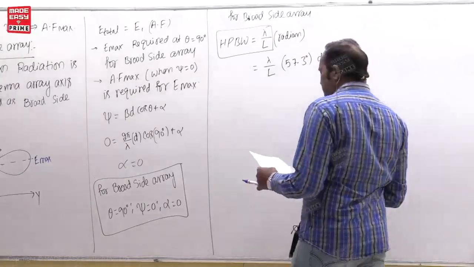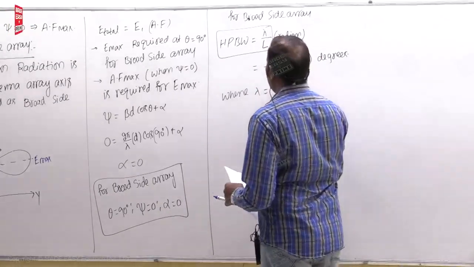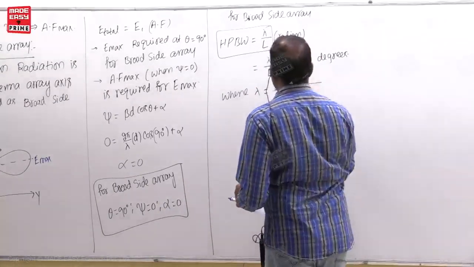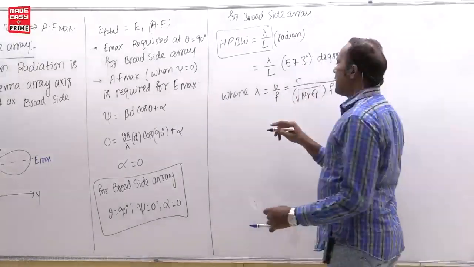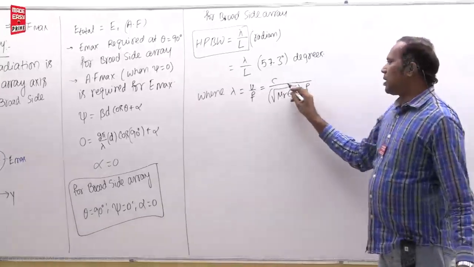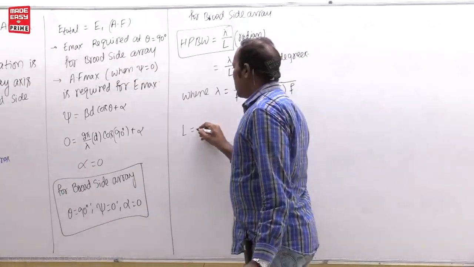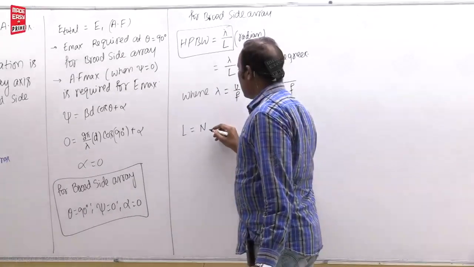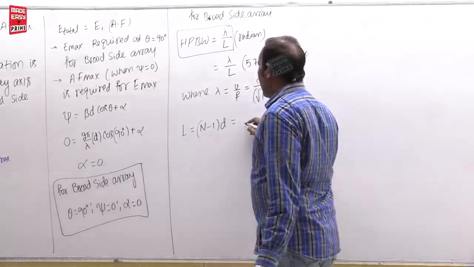So here, what is lambda? Where lambda is equal to V by F, that is C by root mu r epsilon r into frequency. If it is air medium, mu r 1 epsilon r 1, so C by F only. Next, L is equal to N minus 1 into D, that is called array length.